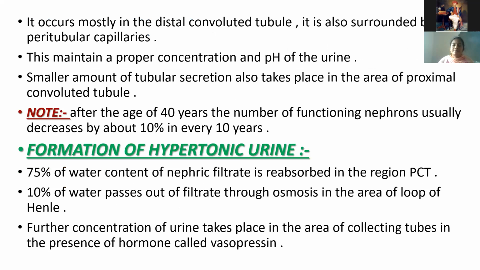Next, the distal convoluted tubule is surrounded by capillaries. It maintains the proper concentration of urine, that means the logarithm of hydrogen ion concentration.